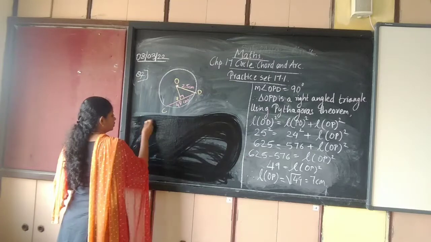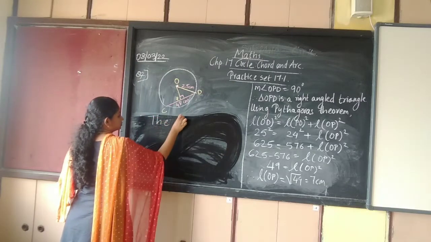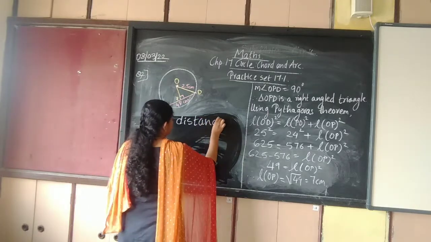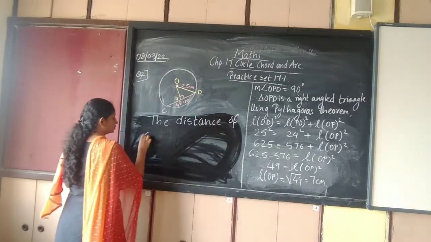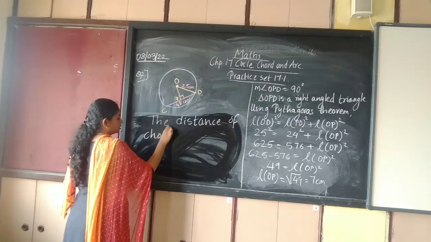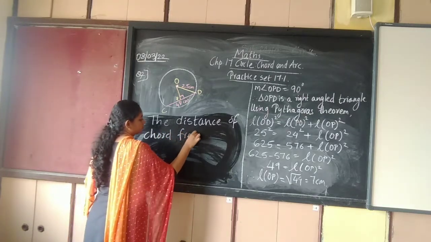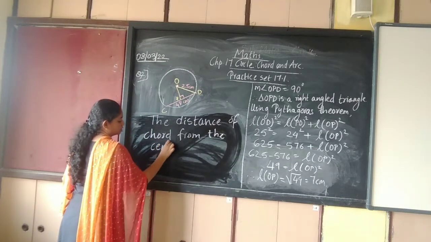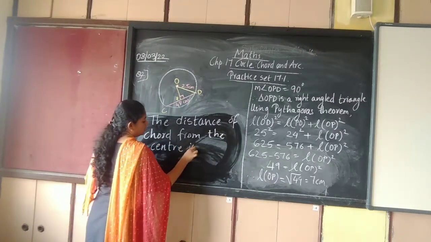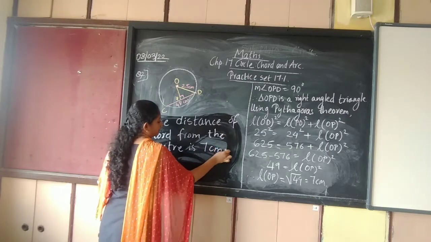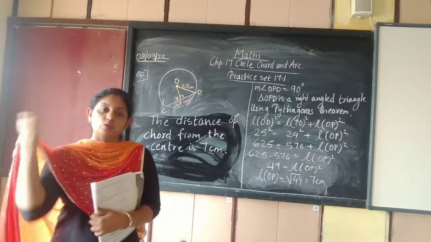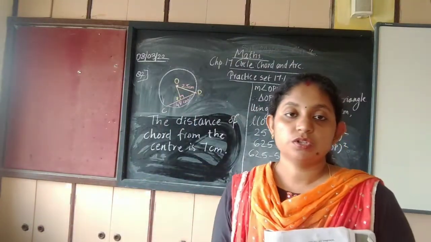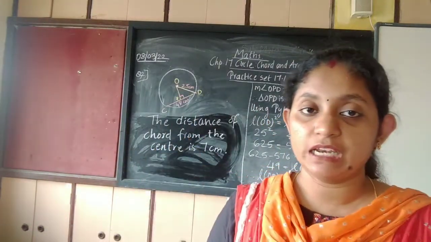So therefore, the distance of chord from the center is 7 centimeter. This will be your final statement that you are going to write. Okay. So this is the solution for the second one.